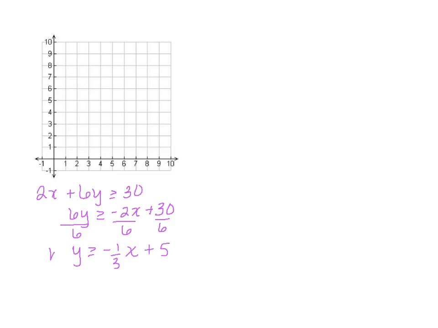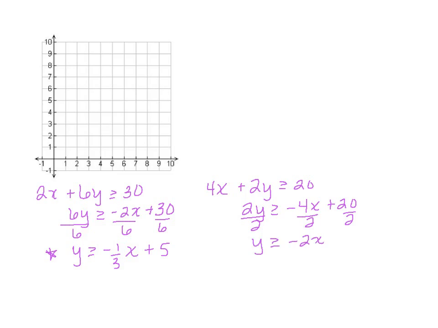So here's one graph. We also had 4x plus 2y is greater than or equal to 20. So 2y is greater than or equal to negative 4x plus 20. Divide by 2. So y is greater than or equal to negative 2x plus 10.